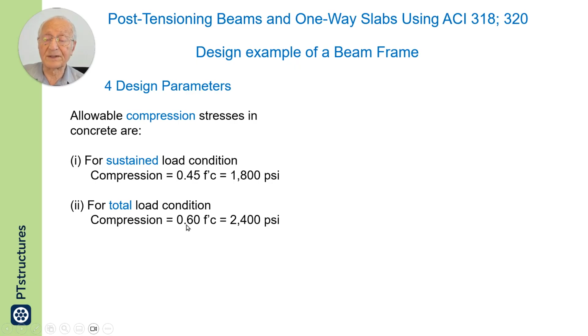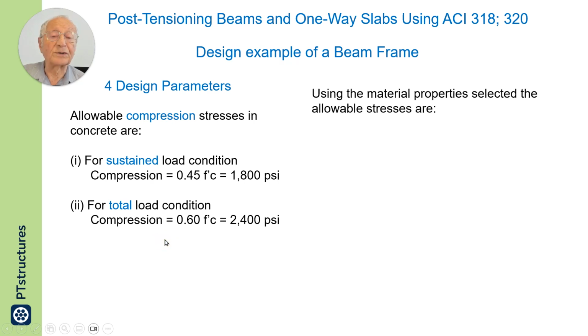The significance of this compressive stress is its impact on the creep deflection of the member. Higher compression results in larger creep deflection. For this reason, we have these two values to allow less when you have a larger load.